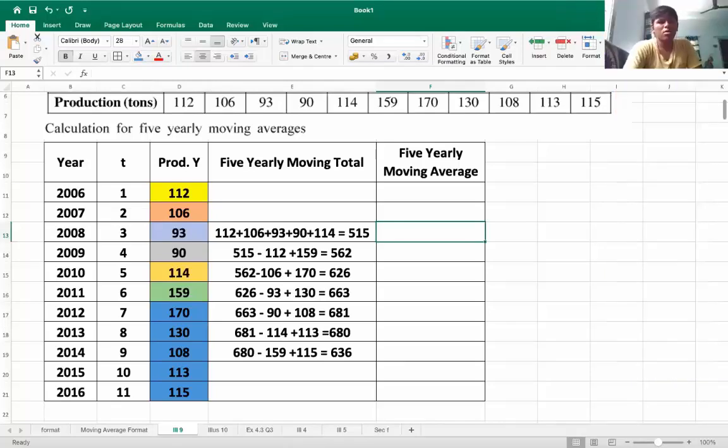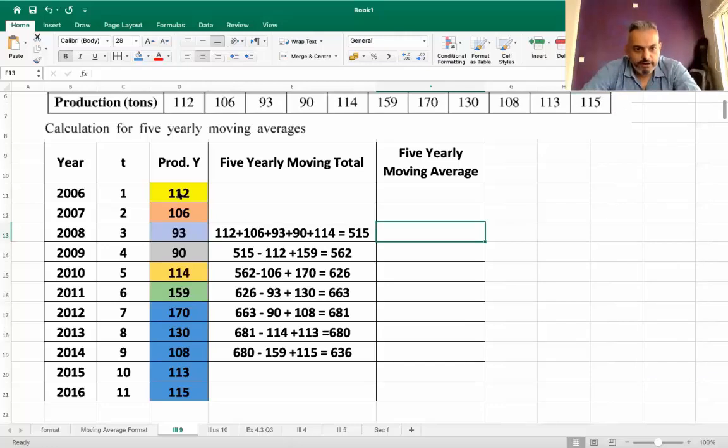Once again I will repeat. See, the first thing is you can do the total for the first one, 1 plus 2 plus 3 plus 4 plus 5. So what you get is 515. Then for the next one, you remove 112 and you add 159. So you get 562. Now, if you are not comfortable like this, you get lost more because of subtraction.